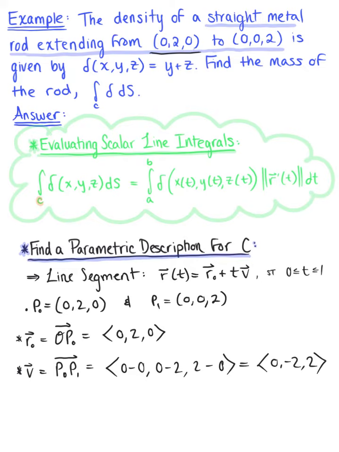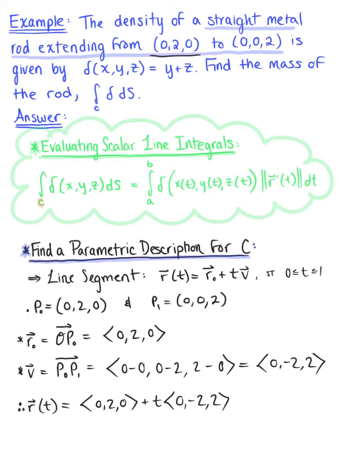So vector r of t is equal to the position vector (0, 2, 0) plus that arbitrary parameter t multiplied by the vector parallel to the line, (0, -2, 2).